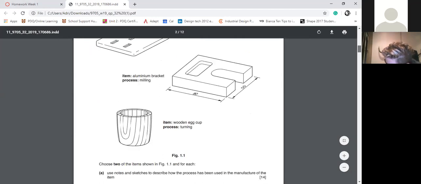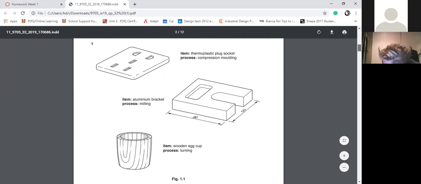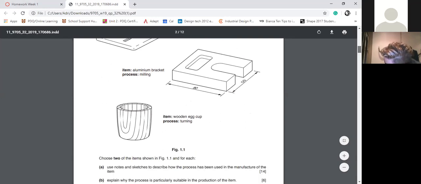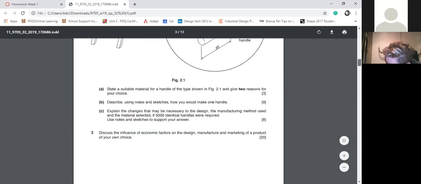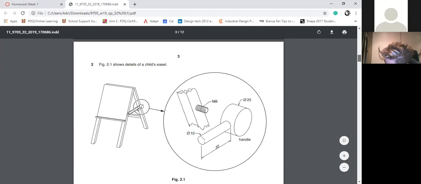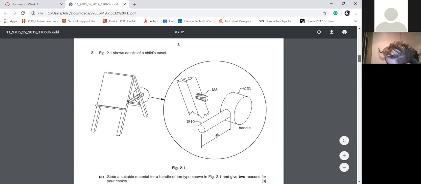Okay, 100%. I'm just quickly making a note of that. See what I understand and can use. See what I do not understand.